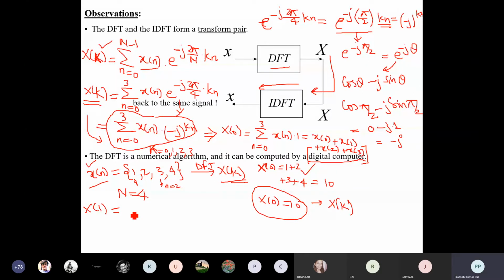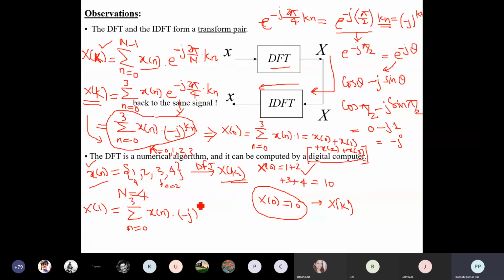So it will be the summation of n varying from 0 to 3 of x of n into minus j to the power k, and k is equal to 1, we have taken 1, and that will be multiplied by n.